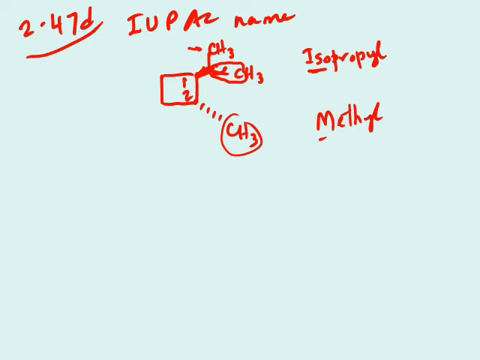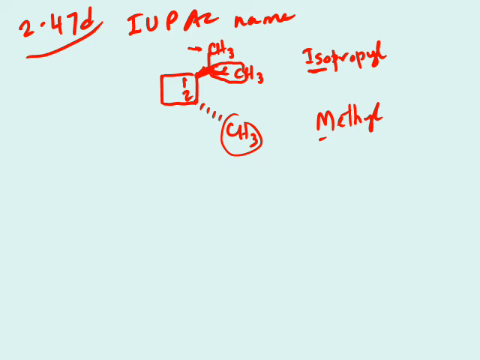So in other words, in alphabetic ordering, you don't count sec or tertiary because they are counted as prefixes and you can ignore them when you are thinking about alphabetic order. Okay, anyway, so this isopropyl group gets 1 and methyl group gets 2 because of alphabetic priority of I over M.